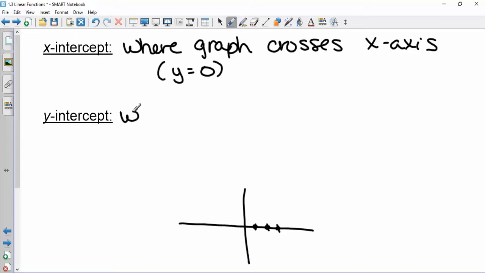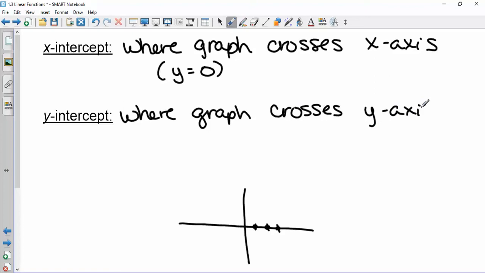So a y-intercept is where the graph crosses the y-axis. Every point on the y-axis, what's true about this?